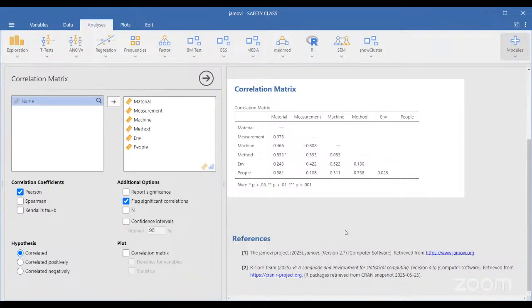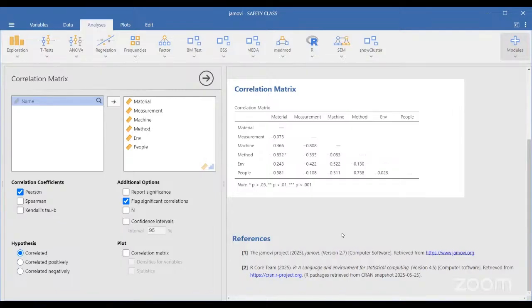So can anybody interpret this based upon the correlation matrix? They are the predictors, or the causes for the burn injury. Here you can find material and machine, the correlation 0.466, that is high.